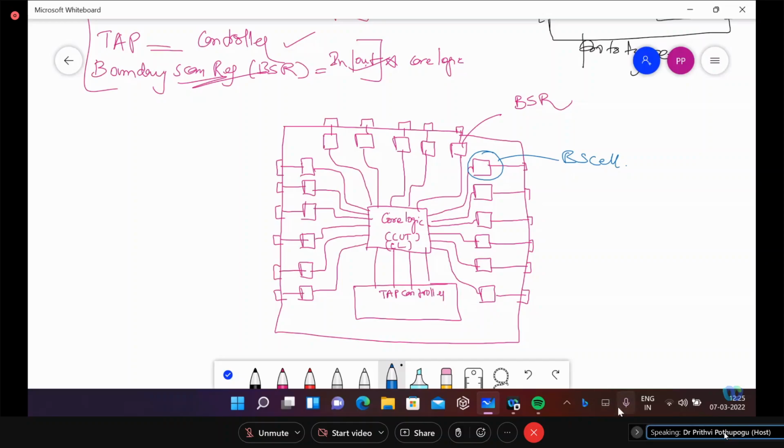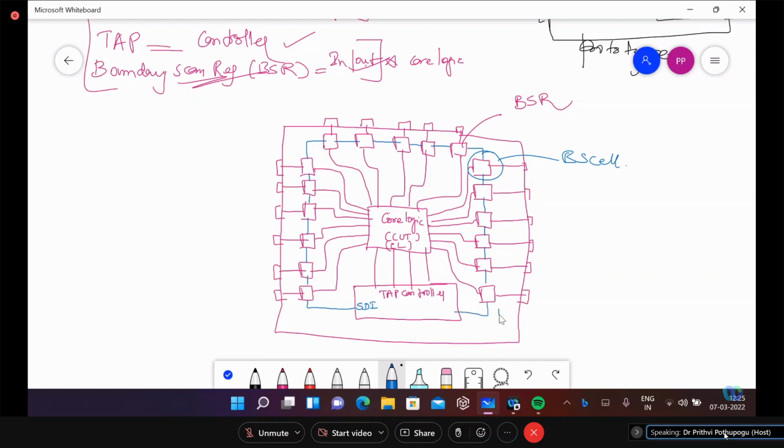Now, scan data in, through the boundary scan register, will be communicated as a scan chain.